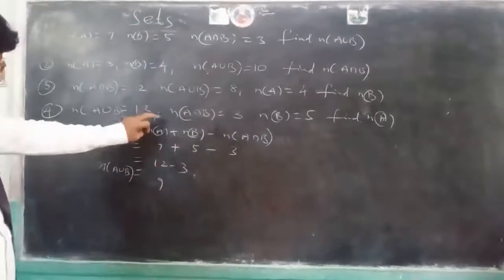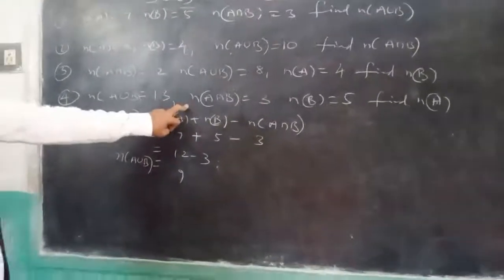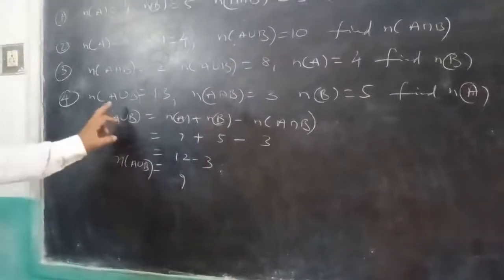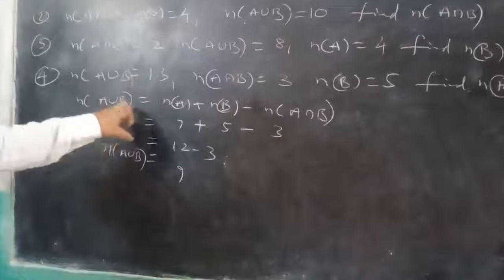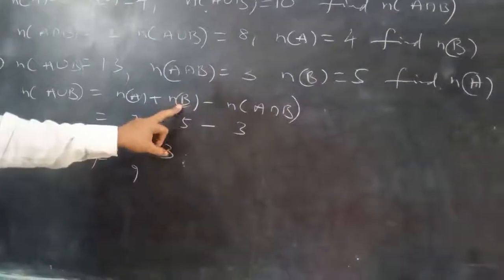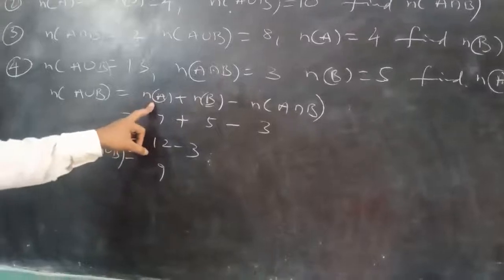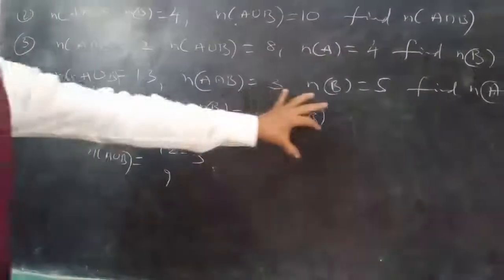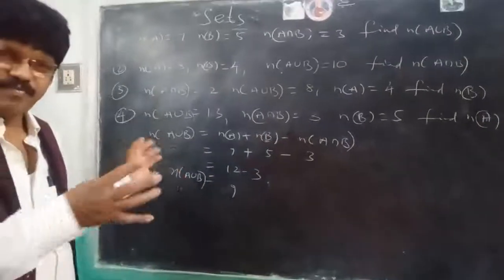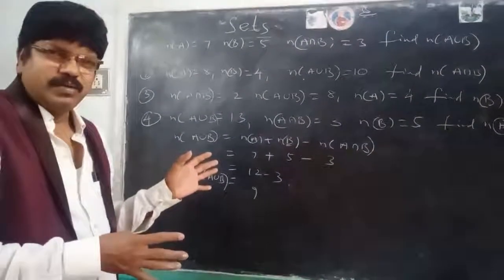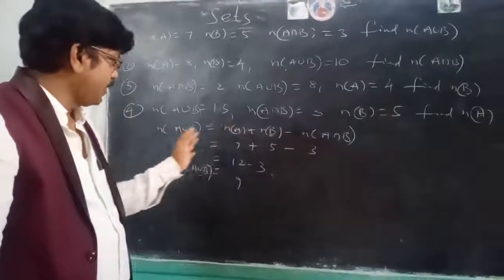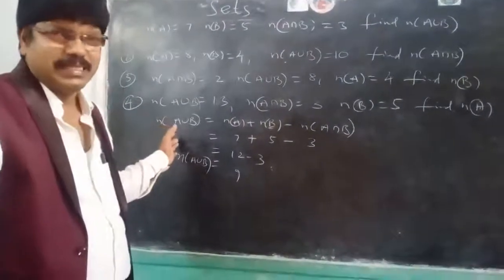For example, here in this problem, what I have given here: N of A union B 13, N of A intersection B 3, N of B 5. We don't know N of A. Substitute the given values, then simplify. What we find, that should be sent to LHS.